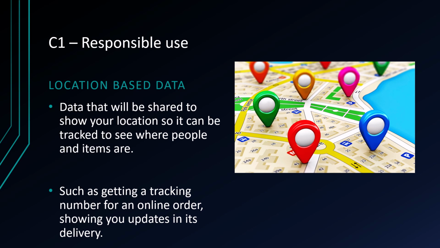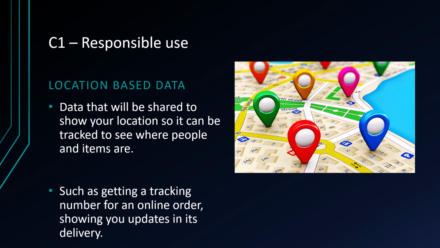This next type of data is going to be location based. So when we share our location on our device, say if we're using Just Eat as an example, we can see the local shops, the local chippies, the local eateries that we'll be able to order food from.